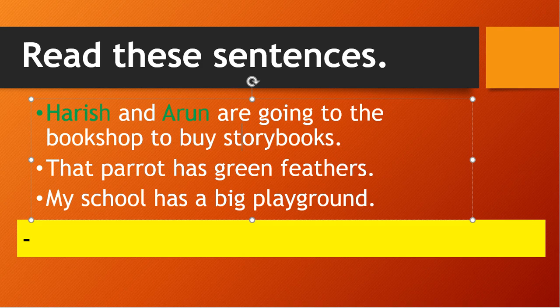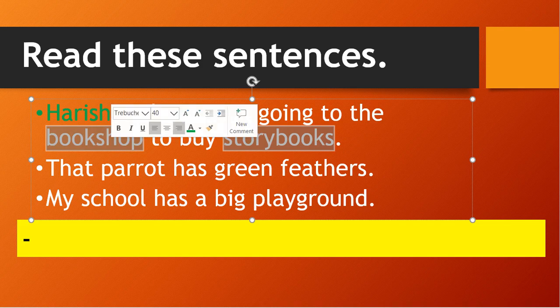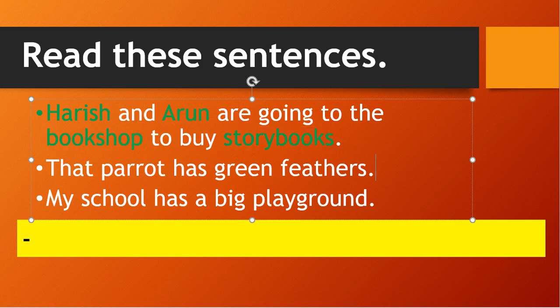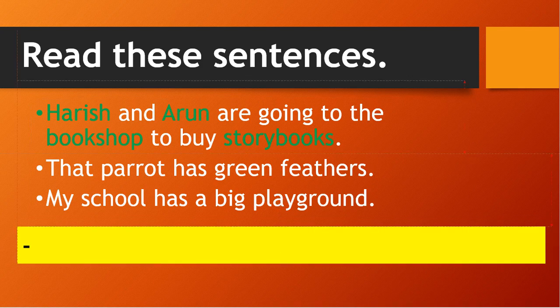Further, are going to the bookshop to buy storybooks. Here the bookshop is a kind of place, that is also a noun, and storybooks is a thing, that is a book, that is a thing. So storybooks and bookshop both are nouns. So in our first sentence, there are four nouns: Harish, Arun, bookshop, and storybooks.